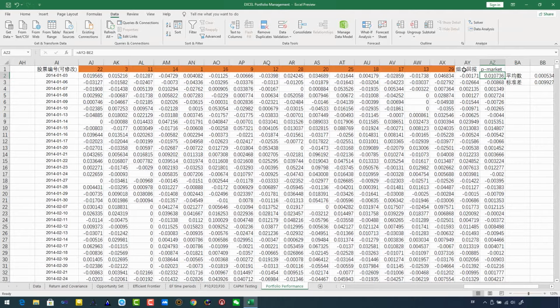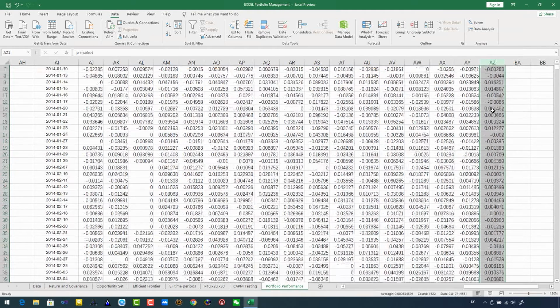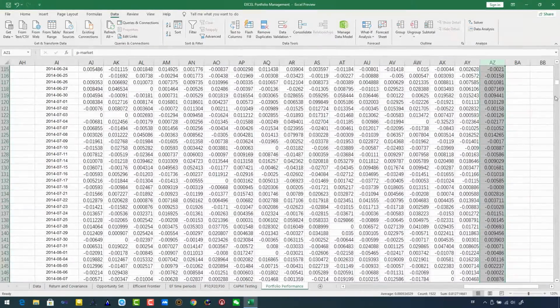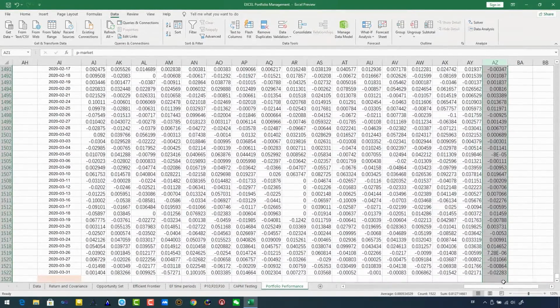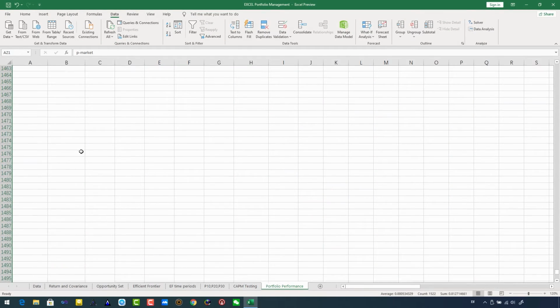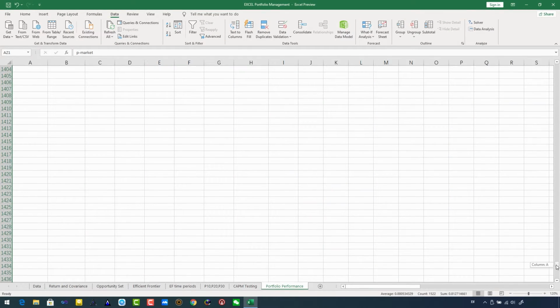And for this portfolio return, based on different stocks, we can construct our portfolio using equal weights. And using this portfolio return minus our market return, we can get this active return. So you calculate the average for this column, we can have the average active return. So let me show you.